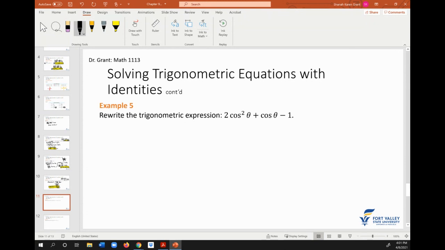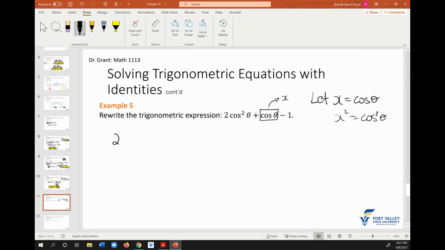So what I could do is let x be equal to cosine theta. So if I let this be x, well, that means x squared is going to be cosine squared theta. So let me go ahead and plug this in.